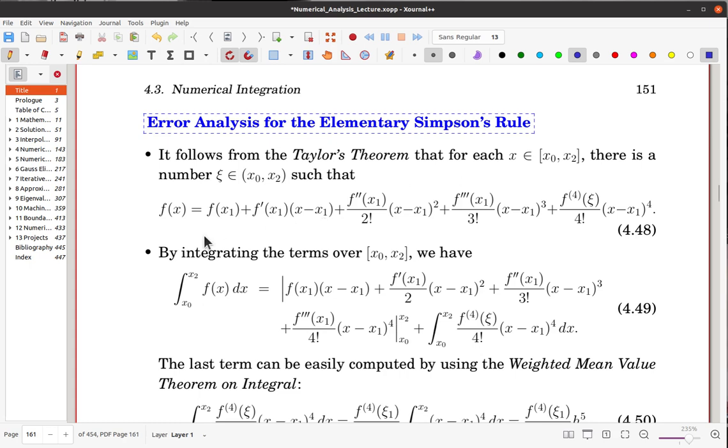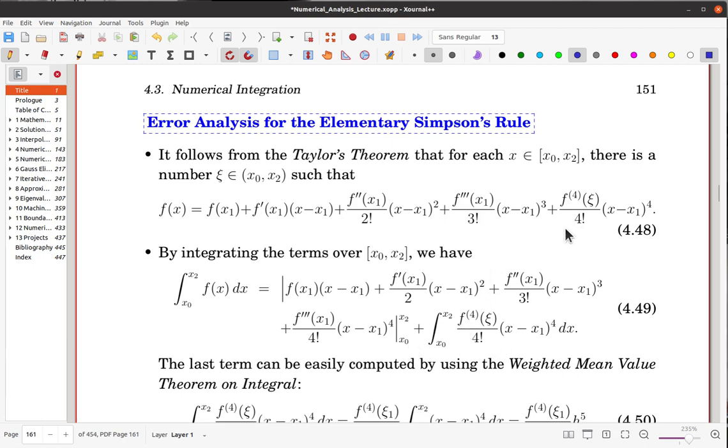Now we integrate the terms in this equation from x0 to x2. Then here we have these 4 terms, the antiderivatives of these 4 terms. We can get them easily, evaluate at x2 and x0, and take the difference.